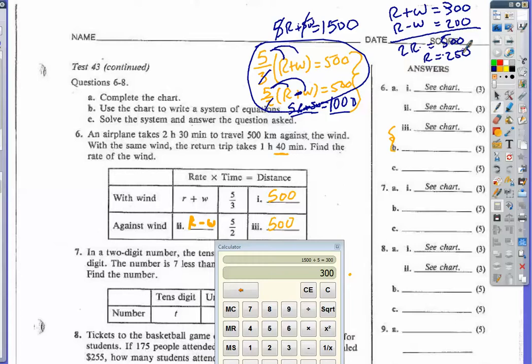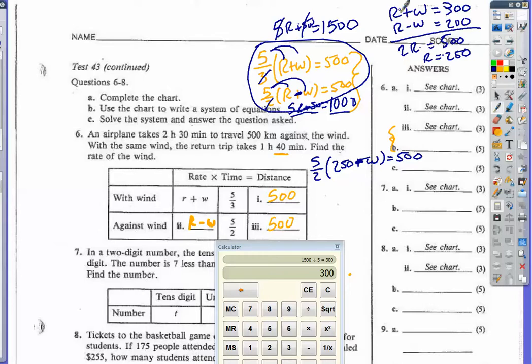So I have, let's use the bottom equation, because I like halves better than thirds, don't you? So we have 5/2 times 250 minus w is equal to 500. And again, I want to multiply everything by 2. So actually, why don't I just plug it in here? Yeah, that'd make a lot more sense.